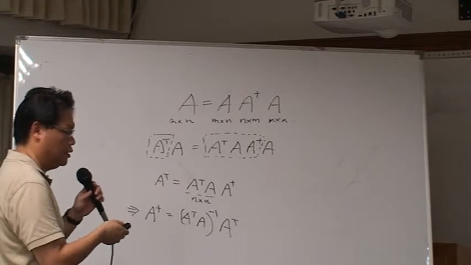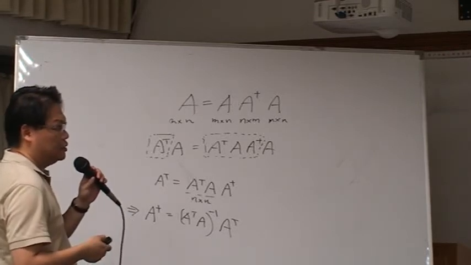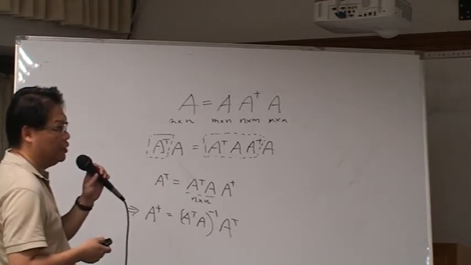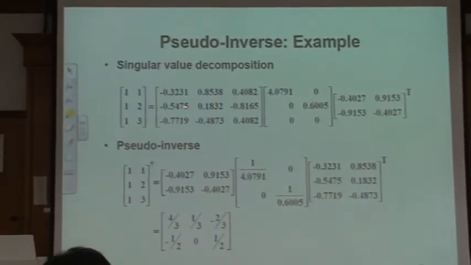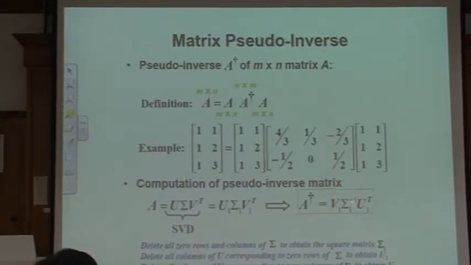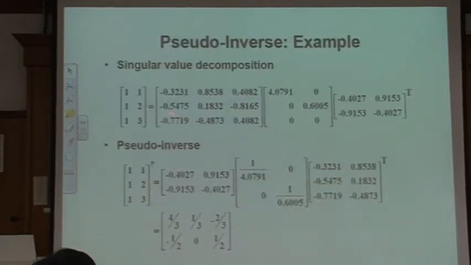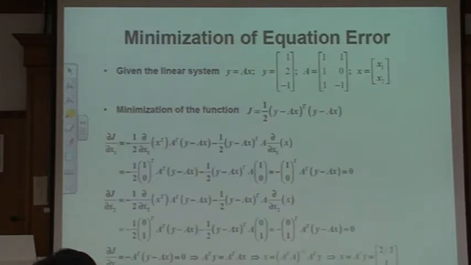Okay, let's look at an example. If we have matrix A here, the singular value decomposition result is here. Based on this result, you can just use this formula to calculate the pseudo inverse from these three matrices. So the final result is here.